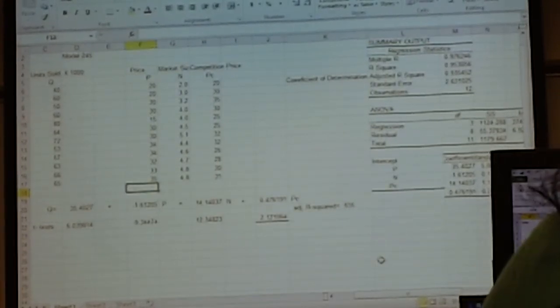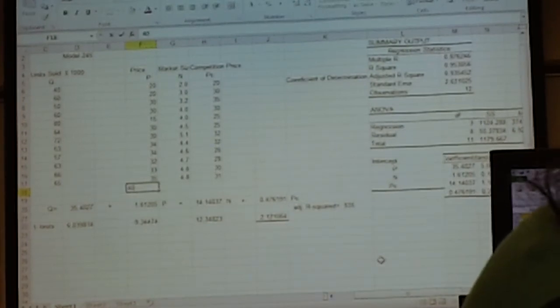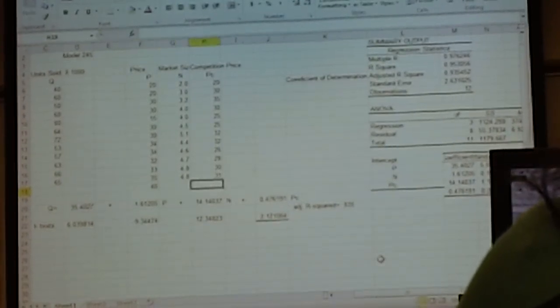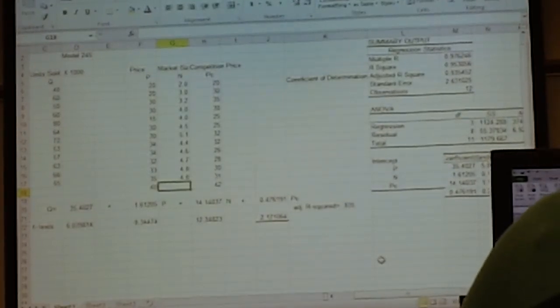Now we do some what-if scenarios. Say, what if we put out our product for $40, and our competitor puts it out for $42? And let's suppose the market size you get from the state.